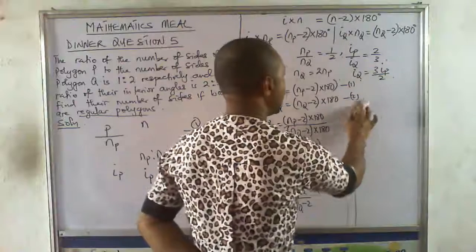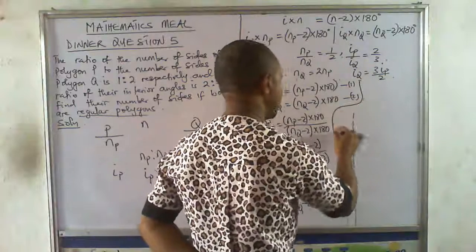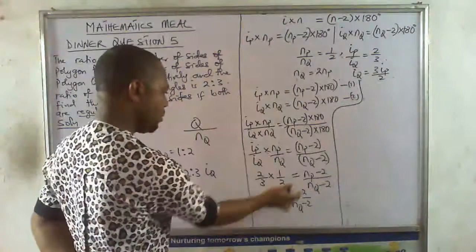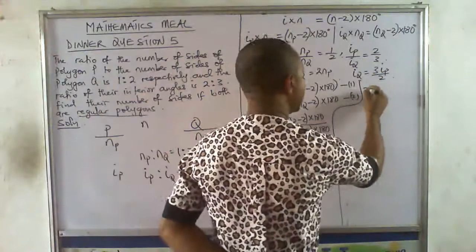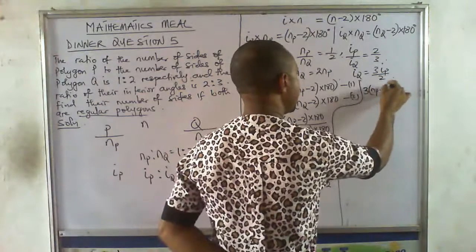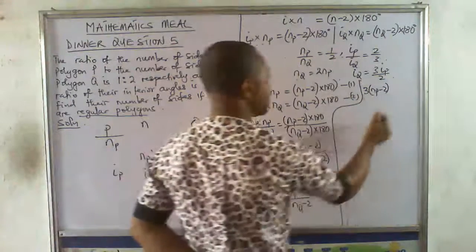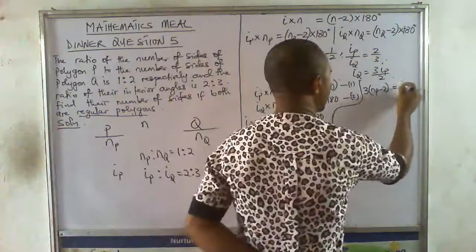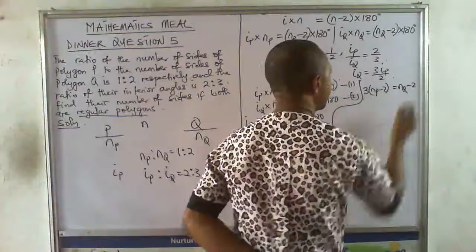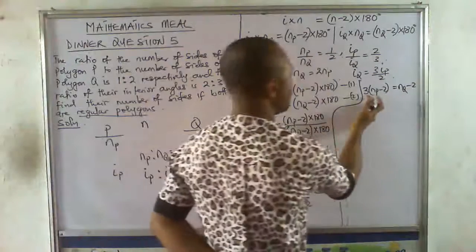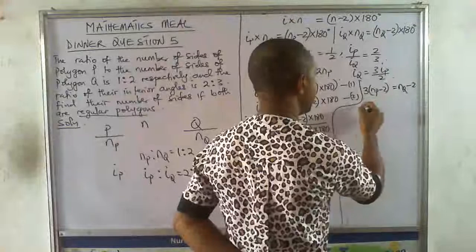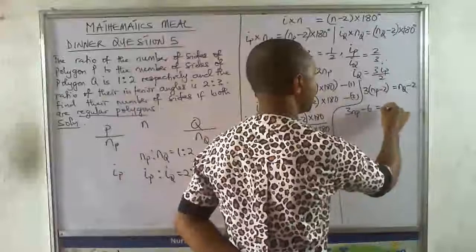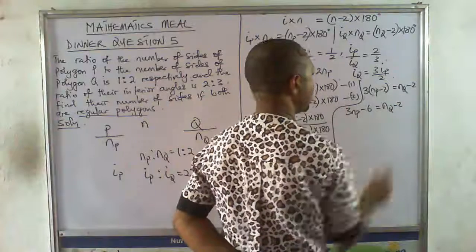So if I clear that fraction very well, let me use this part of the board. If I multiply this, I'm going to have 3 bracket NP minus 2 equal to NQ minus 2. So if I open this, 3 times this will give me 3 NP minus 6 is equal to NQ minus 2.